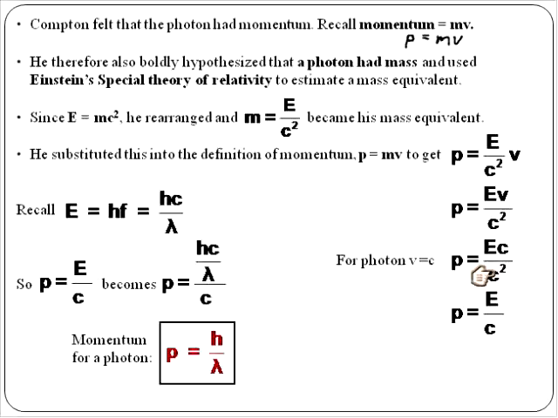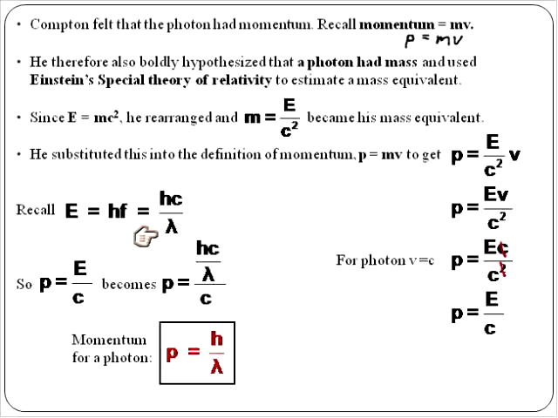And when that happens, we can cancel this c with one of the c's on the bottom, and we're left with momentum equals E over c. But to go one step further, Planck had already said, or at least it was the theory, that E equals h times f, or hc over lambda.